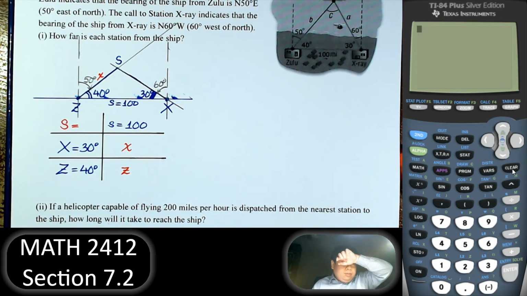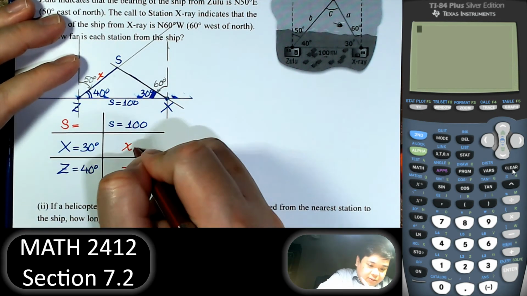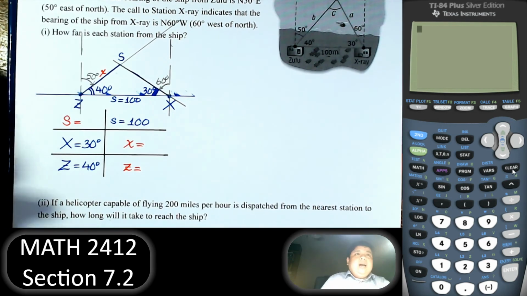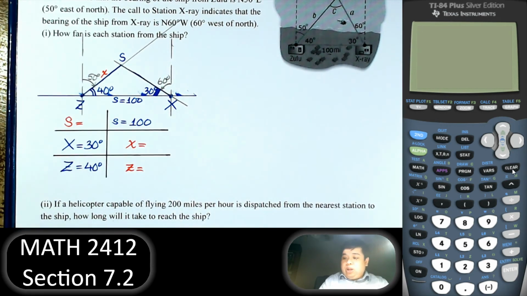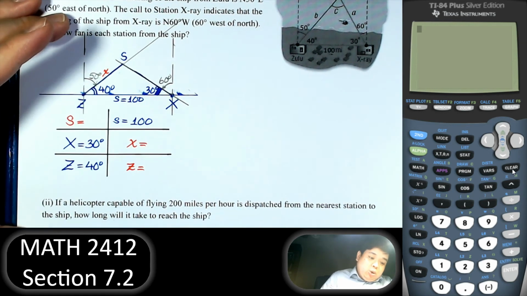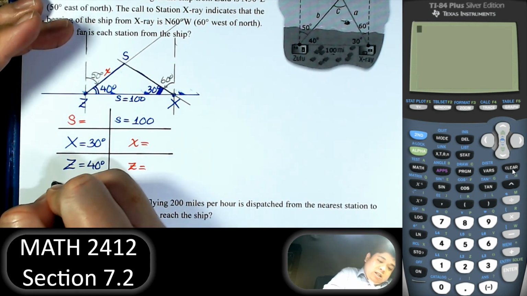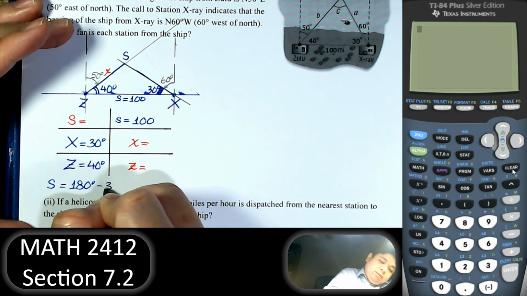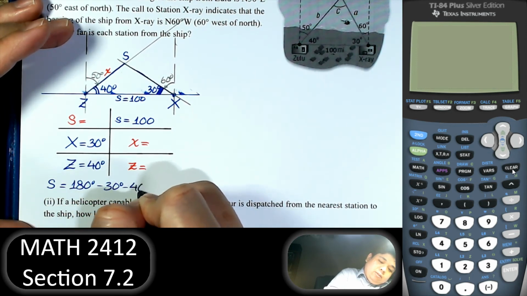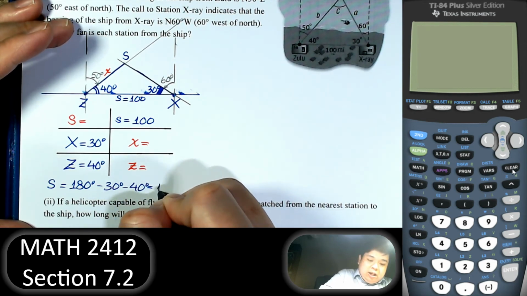So, first, when we know two angles, we surely know the last one too, because we just subtract from 180. So that is 110 degrees.